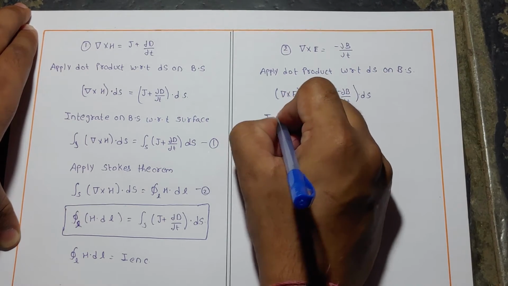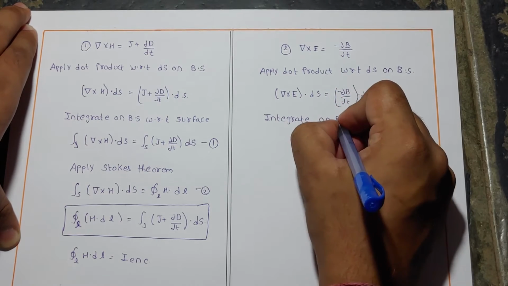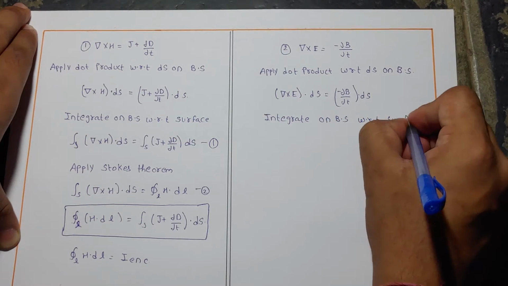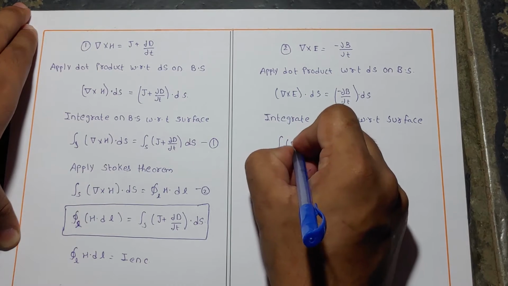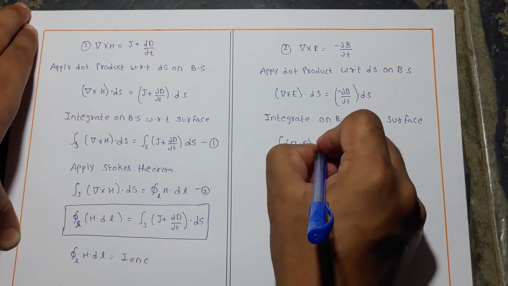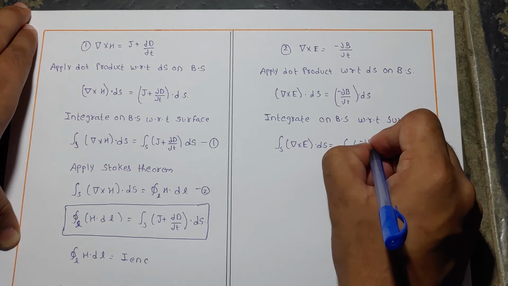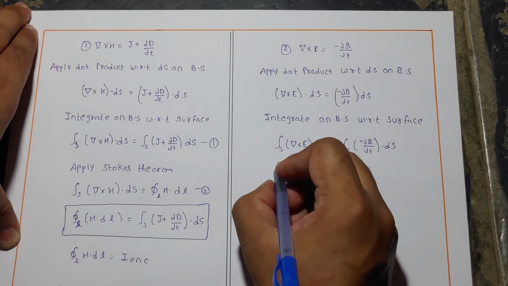Now integrate on both sides with respect to surface, that is surface integral of del cross E dot ds is equal to surface integral of minus dou B by dou T dot ds.